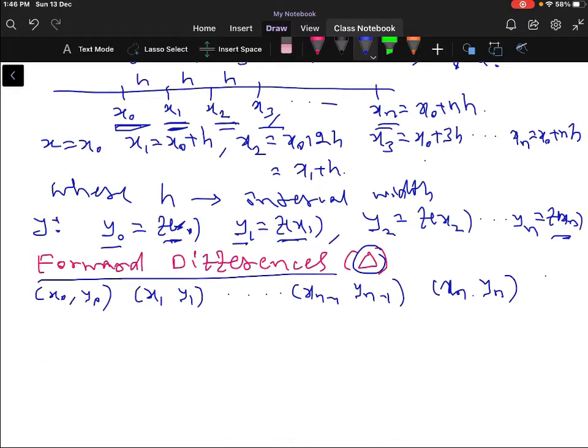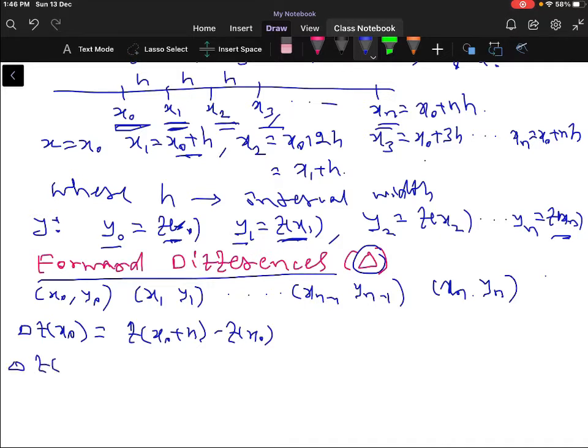Also we can define it in another fashion. Delta of f of x0 is equal to f of x1, where x1 is equal to x0 plus h, so f of x0 plus h minus f of x0.